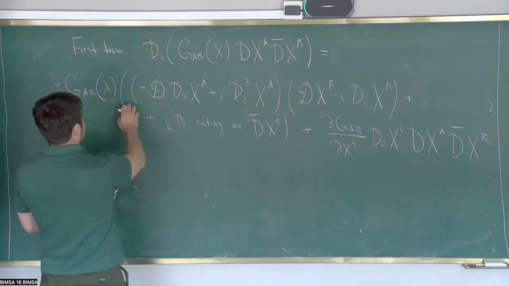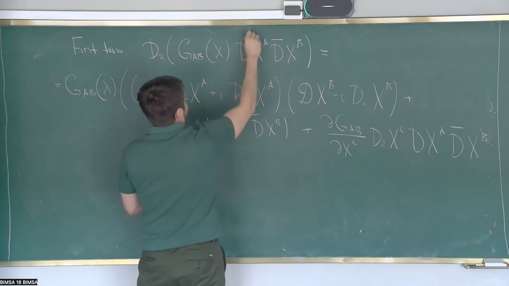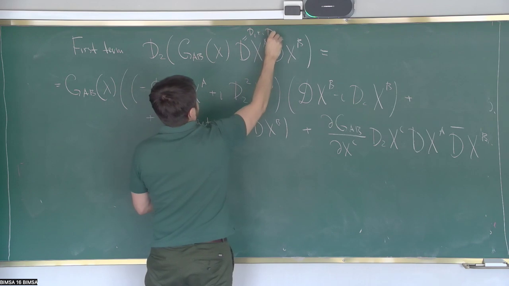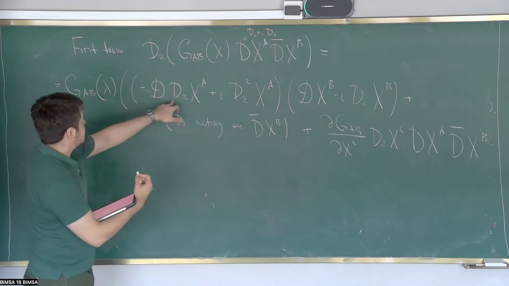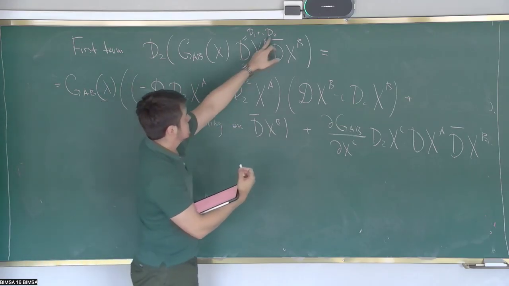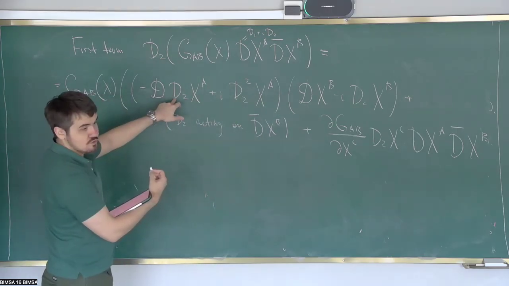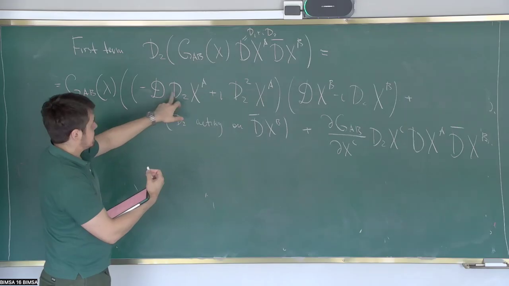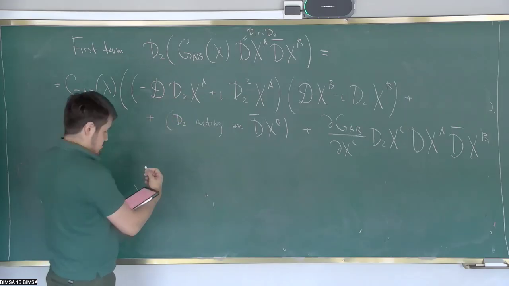So here I open this derivative d as d1 plus i d2, extend this as d1 plus i d2, and then I act with d2, right? So there is a term. The second term is d2 squared, and in the first term I anti-commute d2 with d1, and I replace d1 with the curly d, which is just my definition.